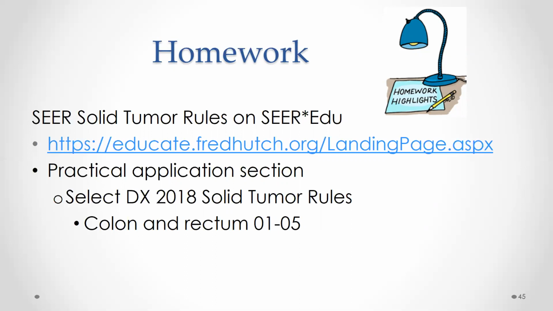It helps to know what you have when you're starting to go through the rules. And then also familiarize yourself with the columns and the rows on Table 1, knowing which is the NOS and which column is the subsite of that same disease, because that's what you're going to need to know when you go through the multiple primary and histology rules.